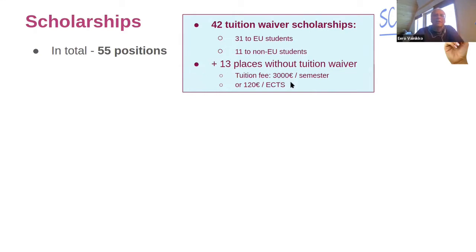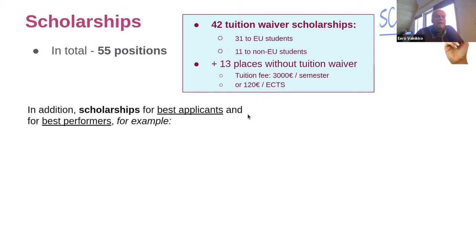And in that case, the tuition fee is 3,000 euros per semester or 120 euros per credit. But the good news is that in addition to tuition waivers, there are also scholarships available for the best applicants and later for best performance.